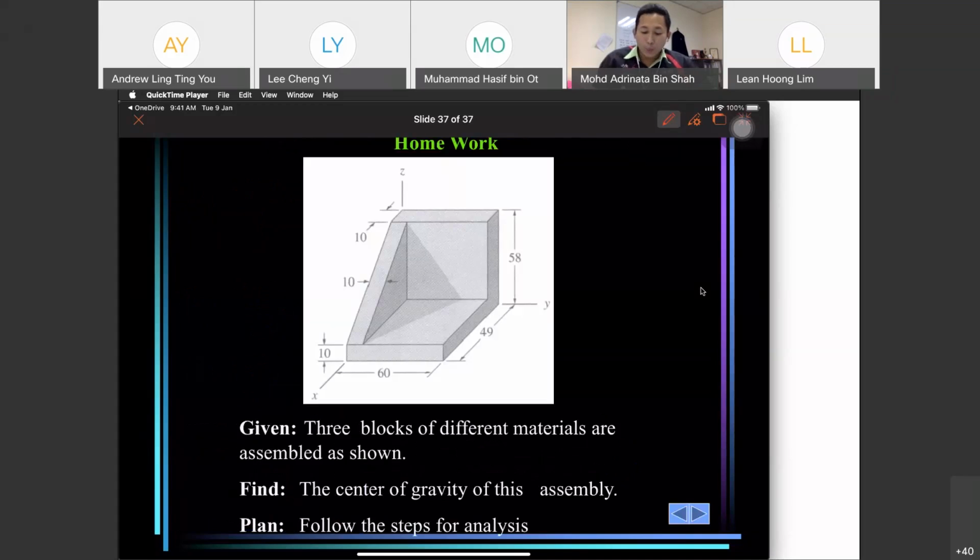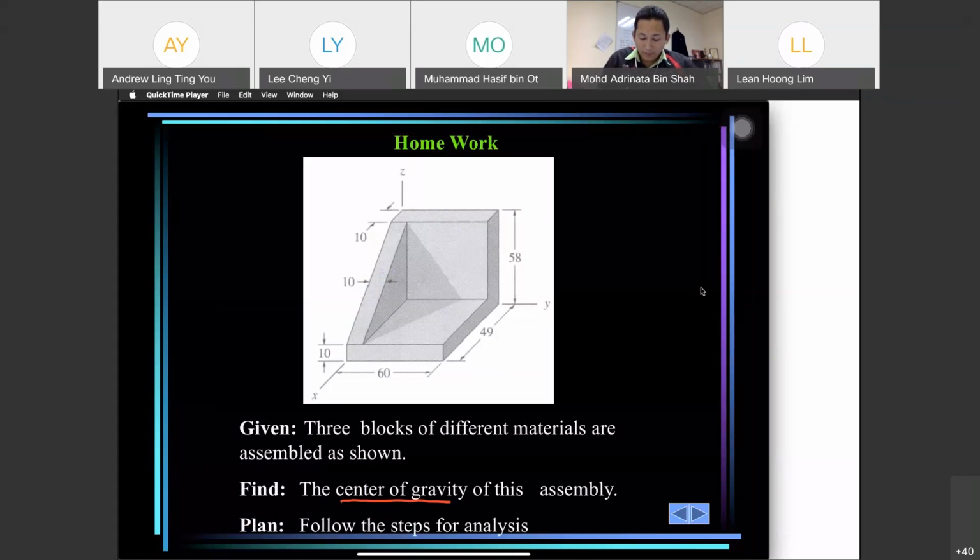Okay, do it now. Given 3 blocks of different materials assembled as shown, find the center of gravity of this assembly. Follow the steps for analysis.